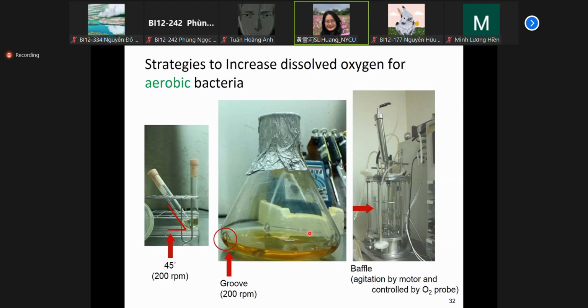On your right hand side is the fermenter. This is a 5 liter fermenter. Please pay attention to the baffles. Did you see this? 1, 2, 3, 4. There are 4 baffles inside the glass cylinder, which have the same function as the groove. In the center there's a motor connected to an agitator.